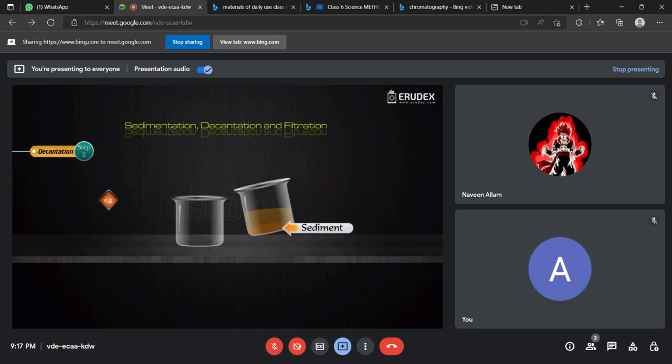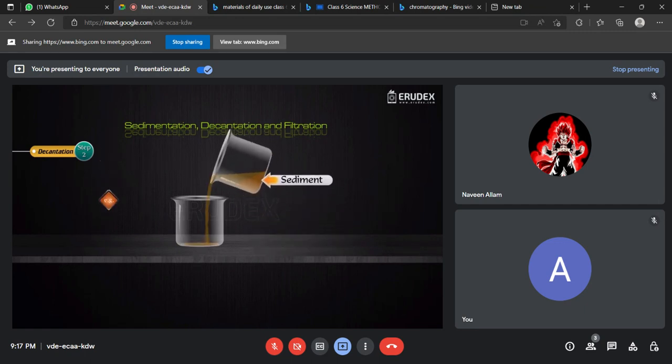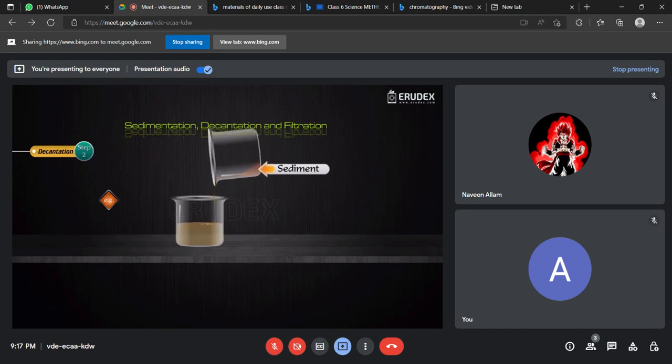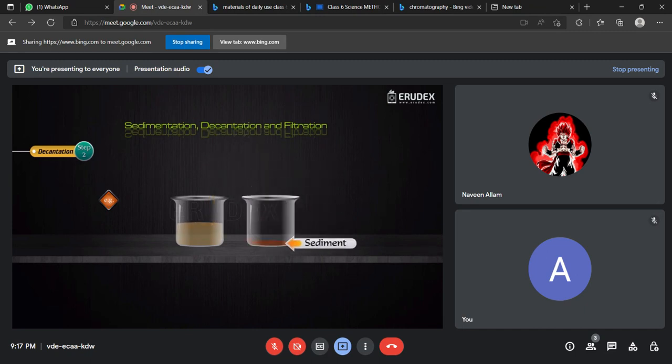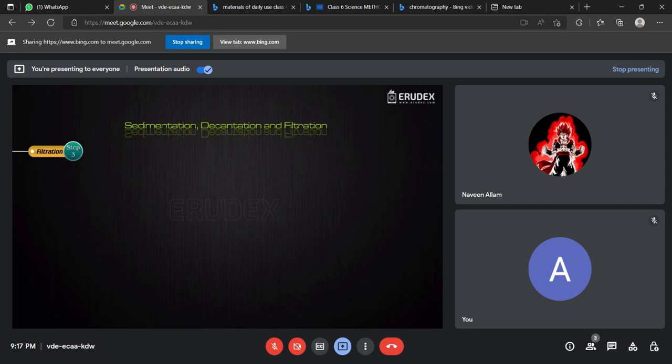Example, the supernatant is slowly poured into a beaker without disturbing the mud settled as a sediment by the process of decantation. But decantation cannot separate the components of a mixture completely.